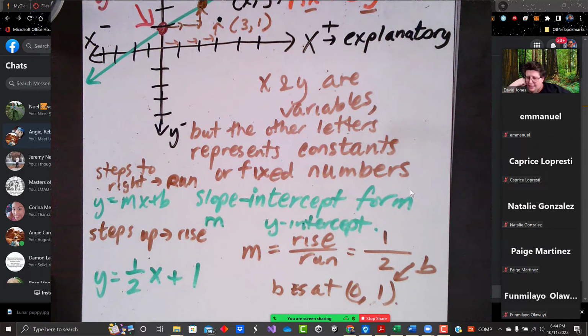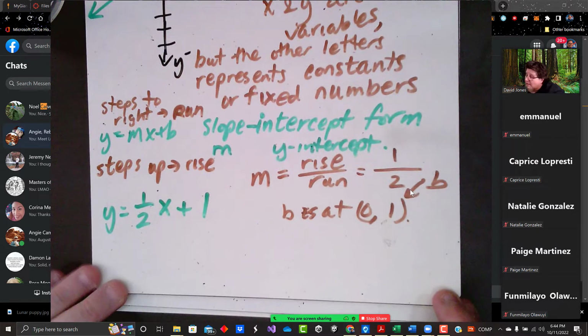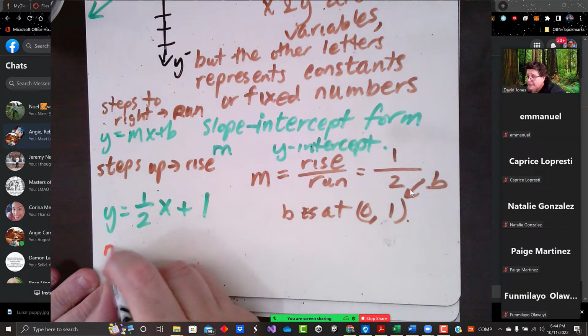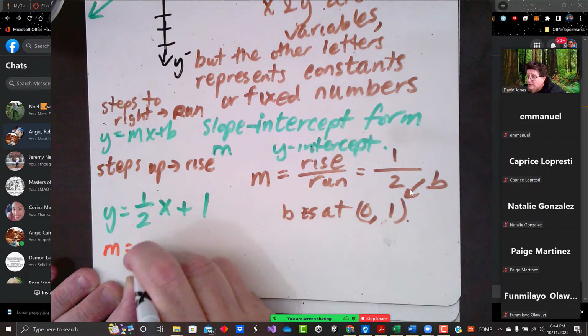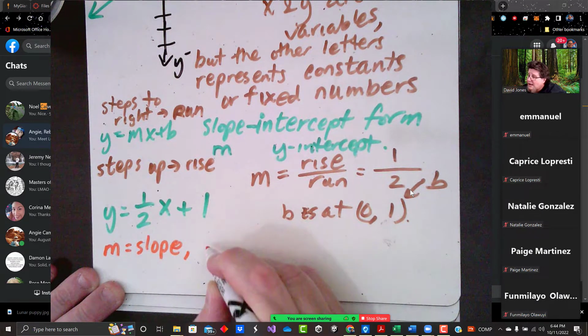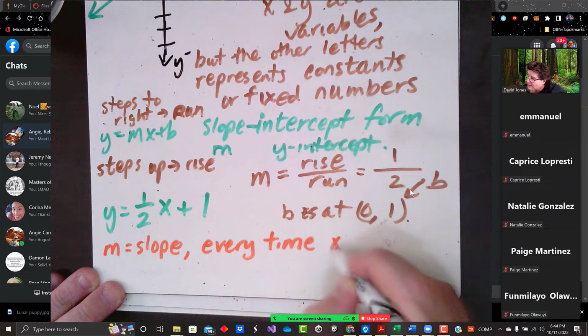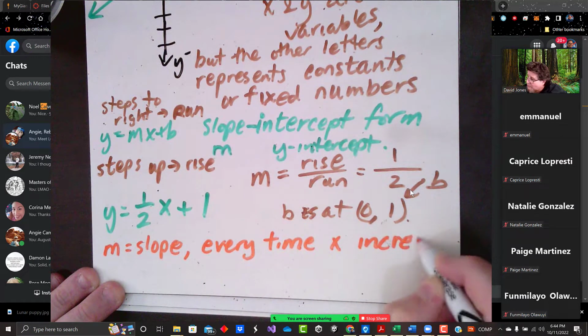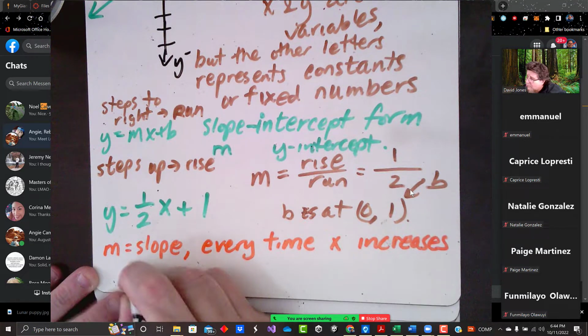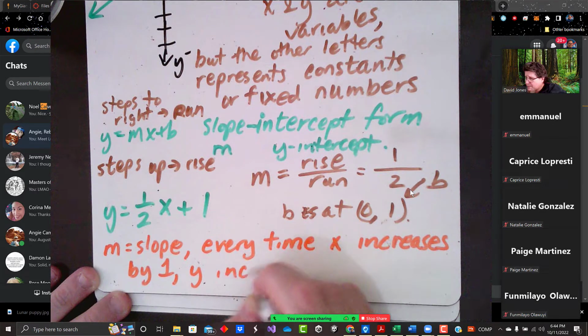There's another way of looking at m that you might find helpful, and they reference it a lot in the homework problems. So m, or the slope: every time x increases by 1, y increases by m.